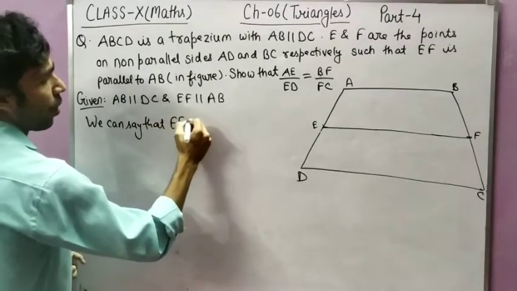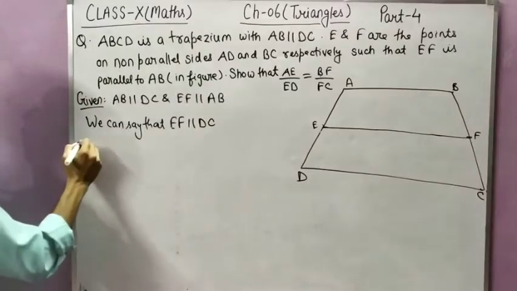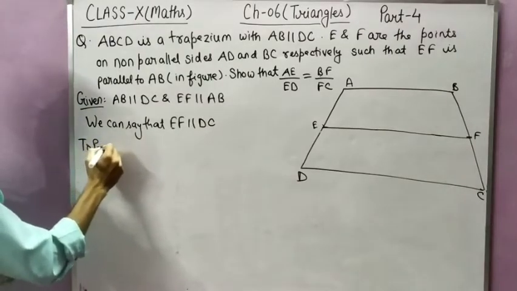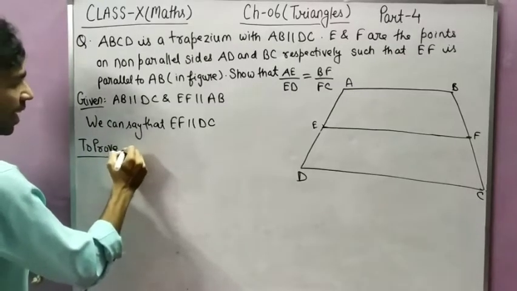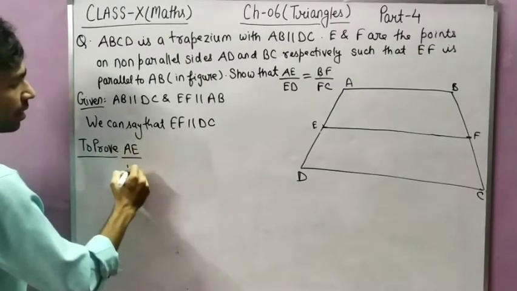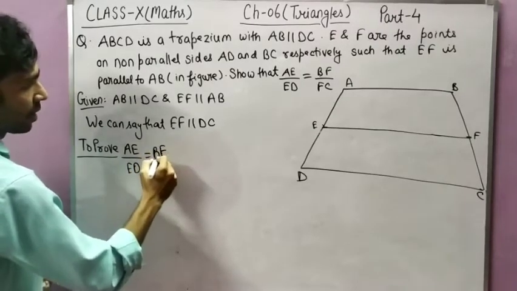Now what we have to prove? We have to prove AE upon ED equal to BF upon FC.